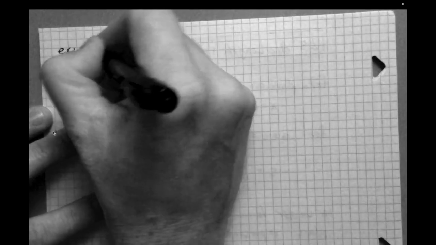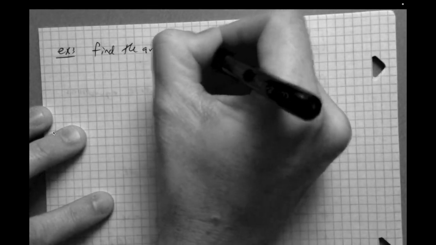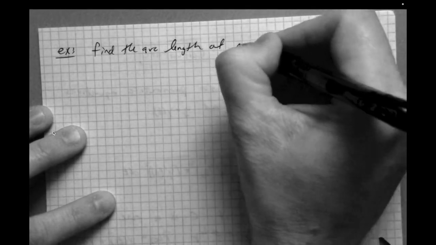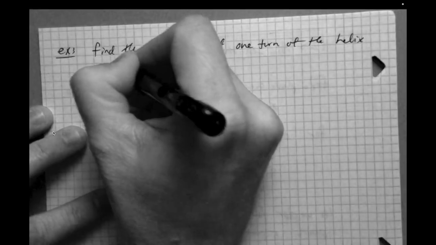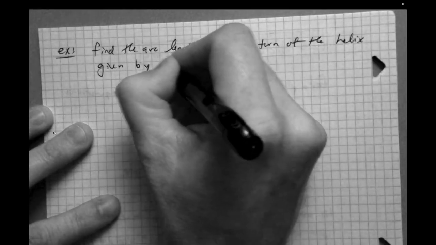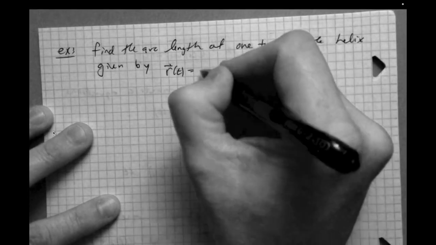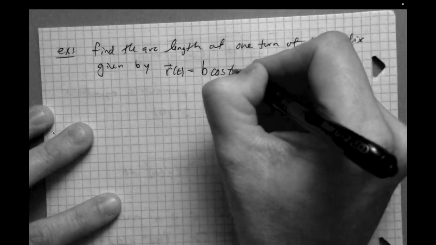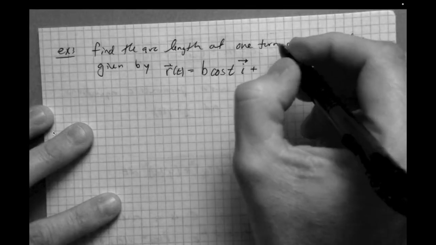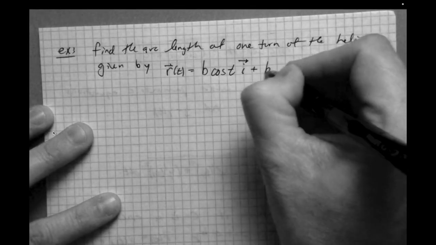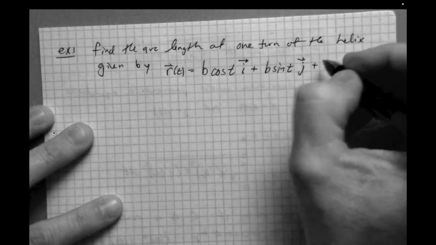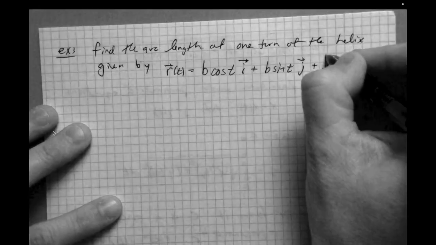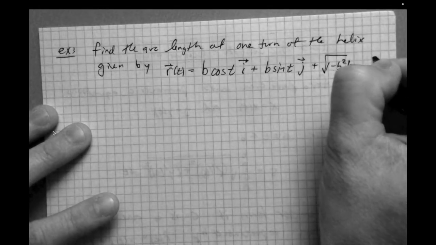So let's find the arc length of one turn of the helix given by this function, r of t equals b cos t times the i vector plus b sine t times the j vector plus the square root of 1 minus b squared times t times the k vector.